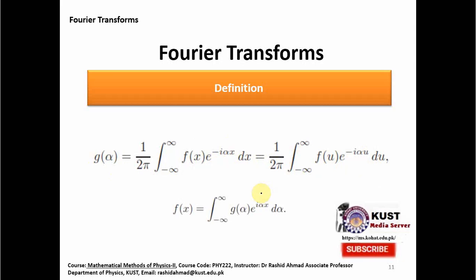Then what will happen is that this f of x will be equal to this thing, and you are already seeing that this is the definition we have made for the Fourier transforms. So these few steps were just to convince you that the definition we have made was really correct.